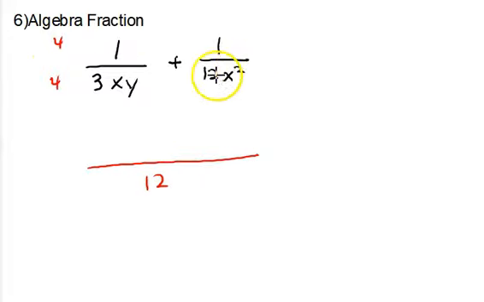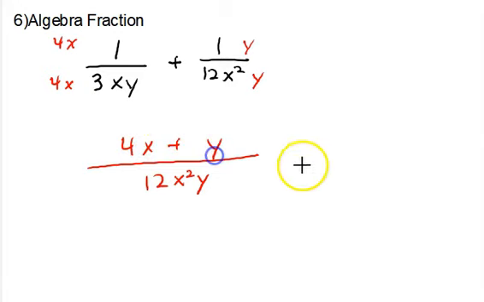And here you can see there is an x square, and here's only x. So over here you have only x. Multiply with x. Okay, at this side, we are lacking the y. So we just have to multiply with y. So here we have 12x square y. And above here we have 4x plus y.